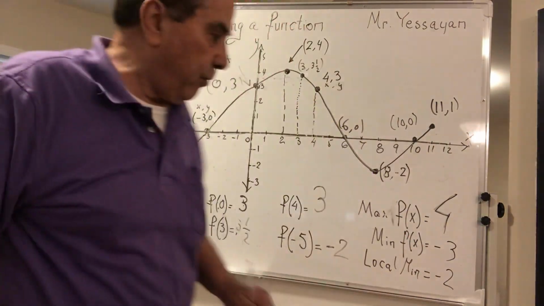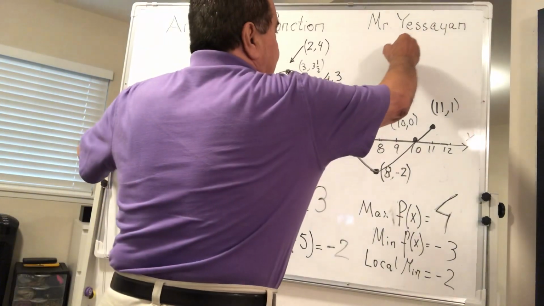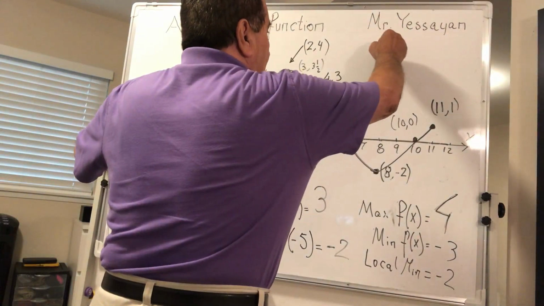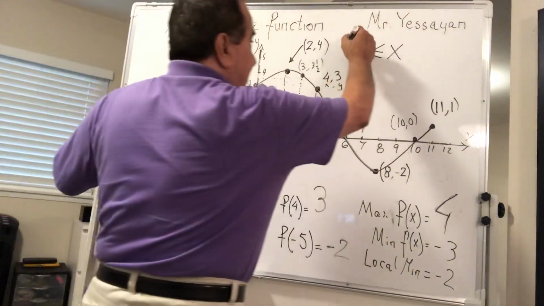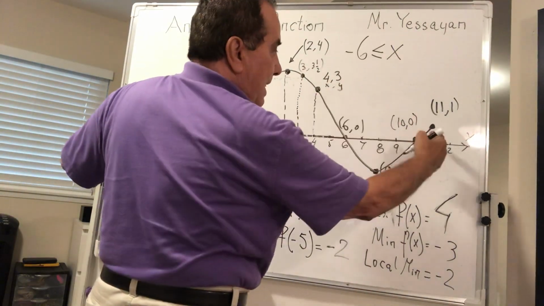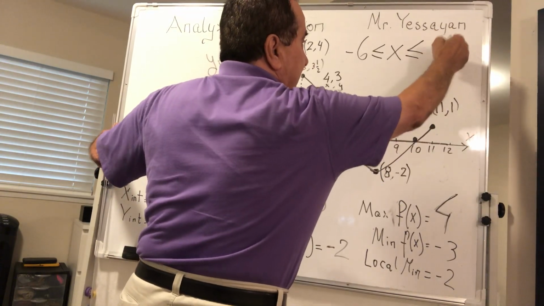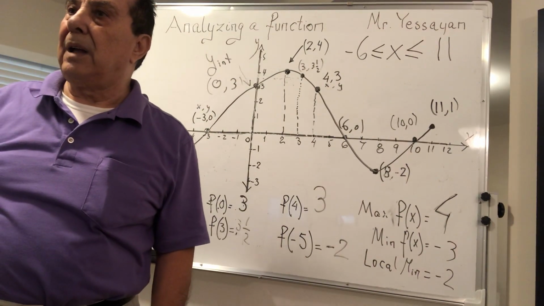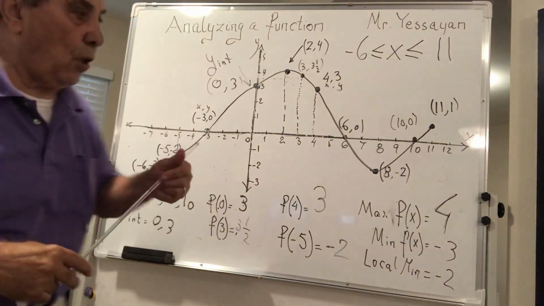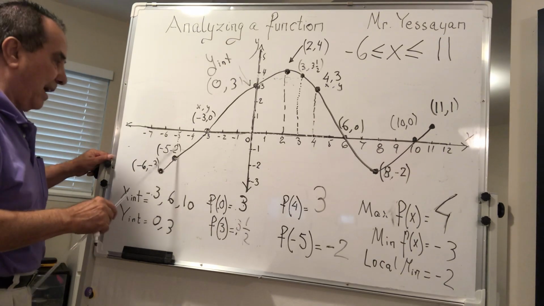So the domain for this function is x greater or equal than -6 and less or equal than 11. That's the domain. And for all those domain, I have values. When x is -5, I have -2.